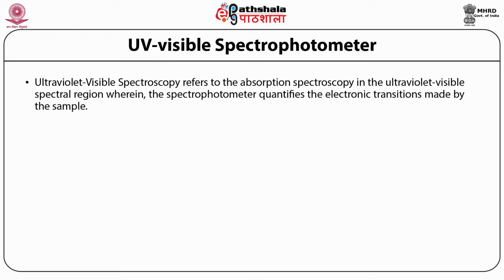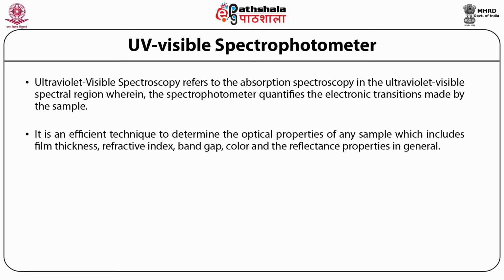So students, it is an efficient technique to determine the optical properties of any sample, which includes the film thickness, refractive index, band gap, color, and the reflectance properties in general.